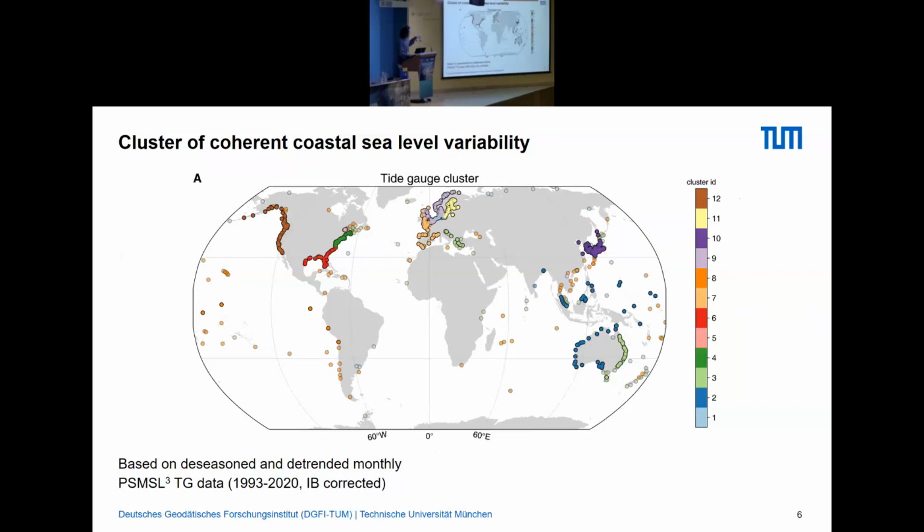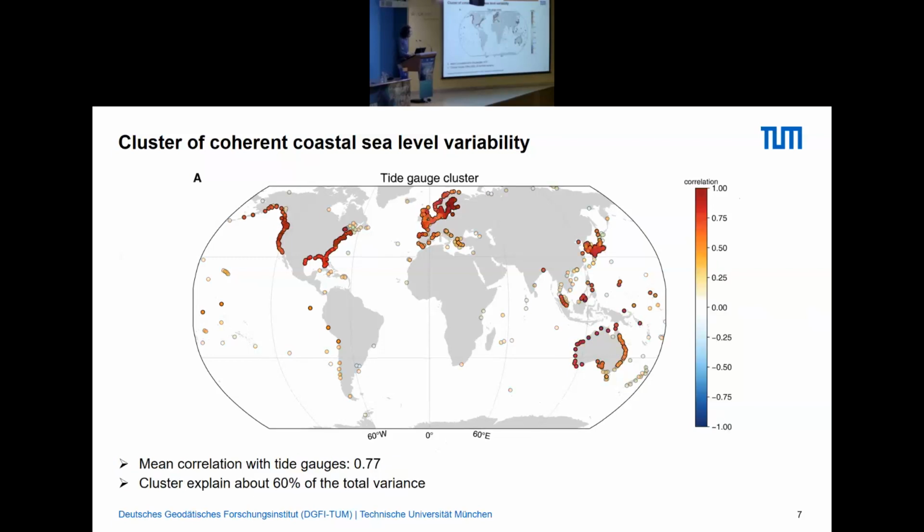Then we see some division in sea level variations in the Gulf of Mexico and Florida regions from the northeastern US shelf region, and also some other patterns that have been previously described, like the Baltic Sea, which moves very coherently, and also strong connections of sea level variations in the Mediterranean Sea and along the Western European shelf. These are really interesting features we found here.